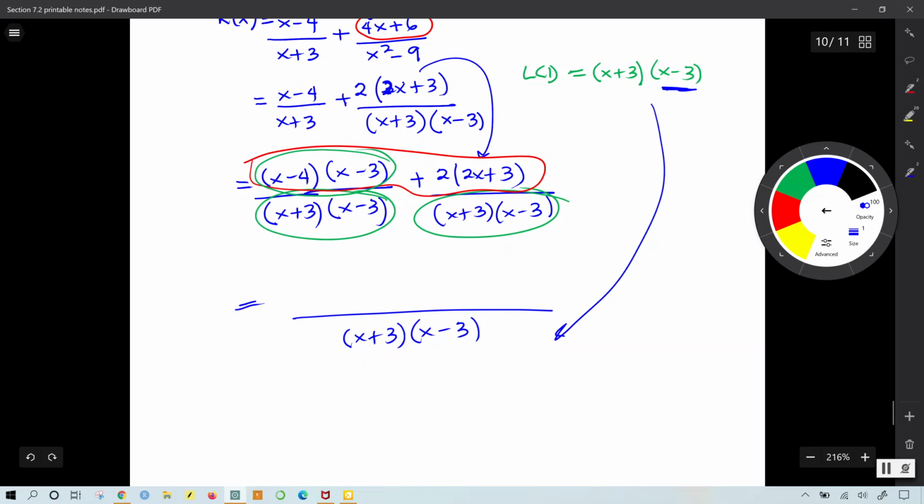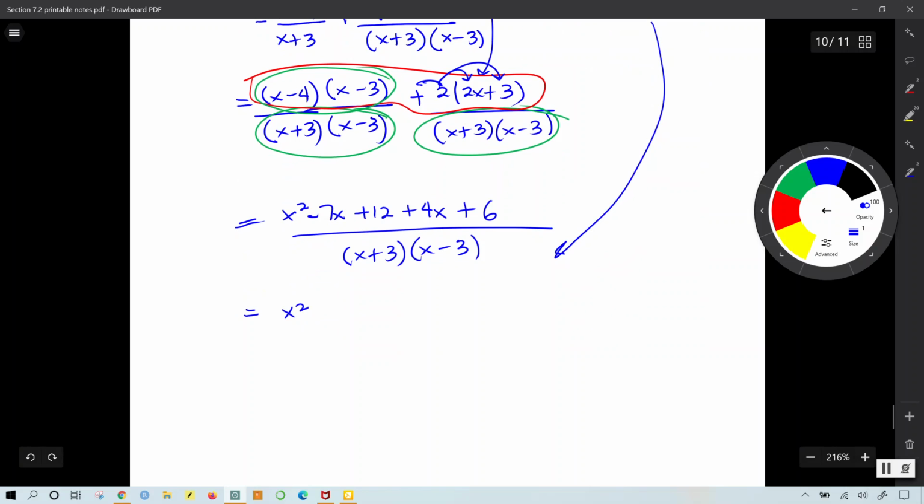X minus 4 times x minus 3, that will give x squared, minus 4 minus 3, that will be negative 7x, and then plus 12. And then plus 2 times 2x, that will give positive 4x, plus 2 times 3, that will give positive 6. And so we have x squared, combining like terms, negative 3x, and then positive 18, all over x plus 3 and then x minus 3.